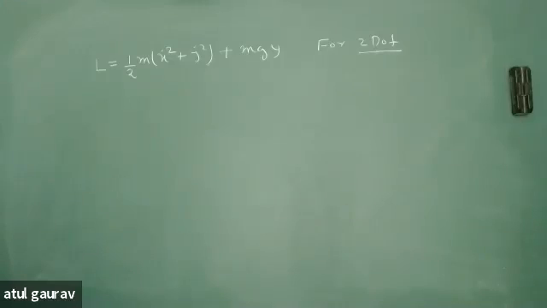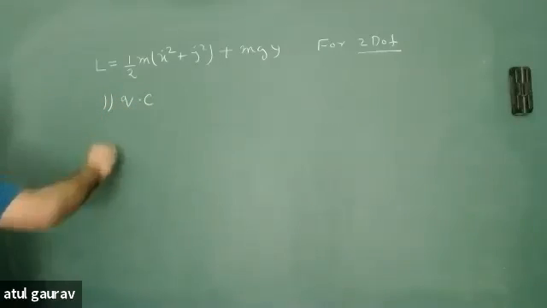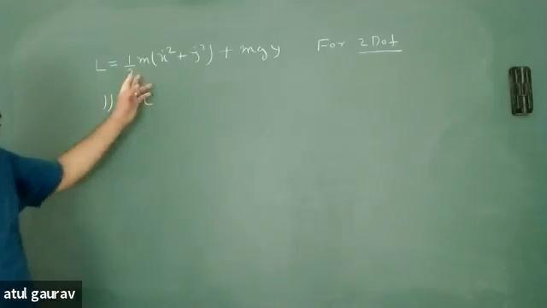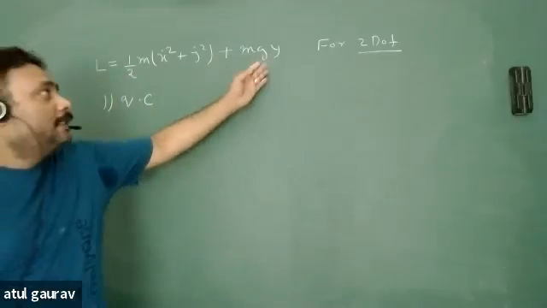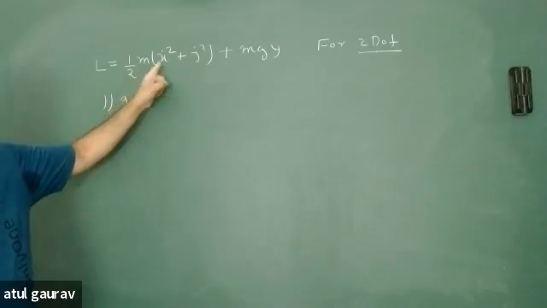Now, the first thing: what is the generalized coordinate here? X and Y, very good. The generalized coordinates are x and y. Y is here, x is not here, but x dot is here.